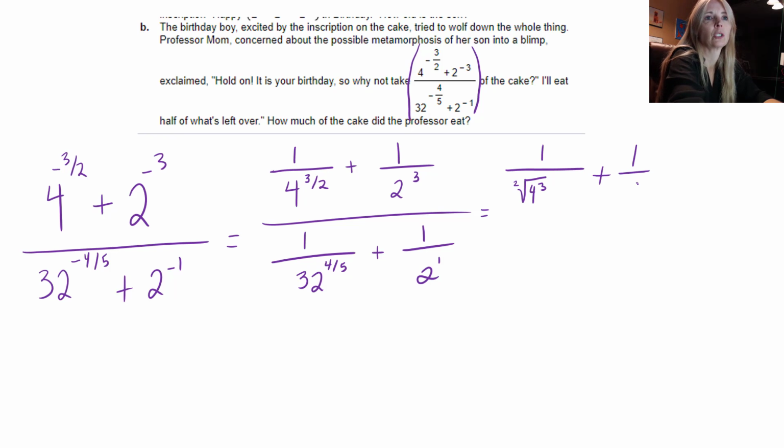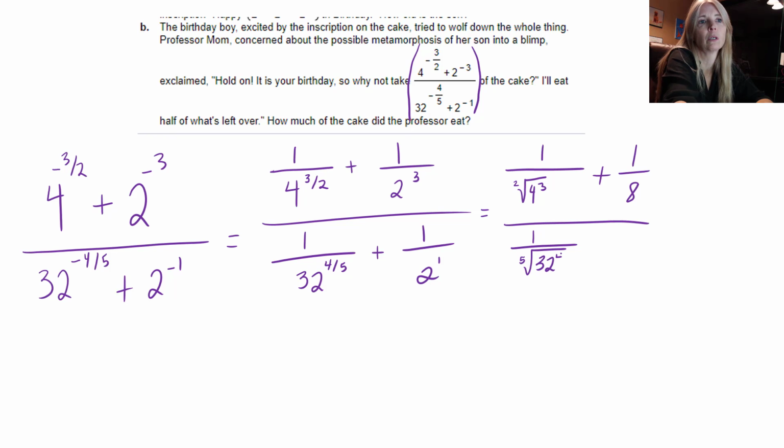And of course, that's just 1 over 8. And then 32 to the 4/5 power would be the 5th root of 32 to the 4th power, and then plus 1/2.